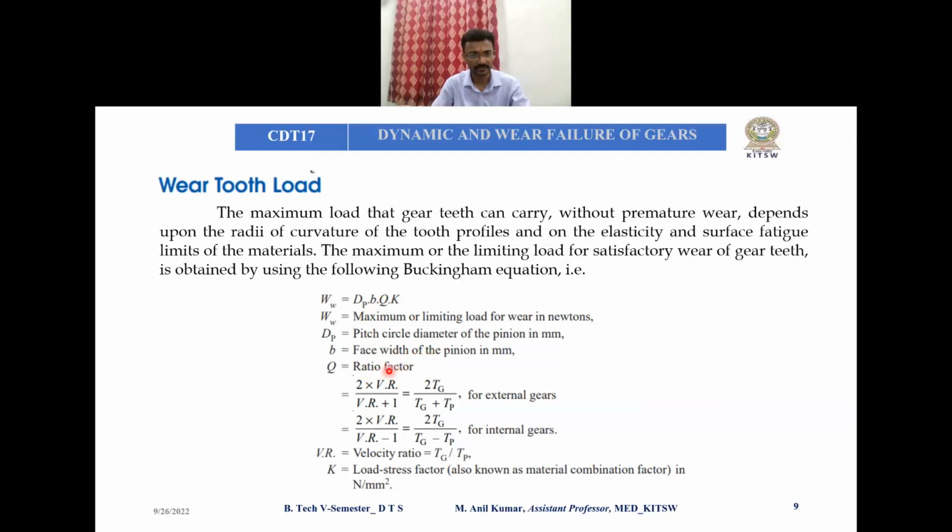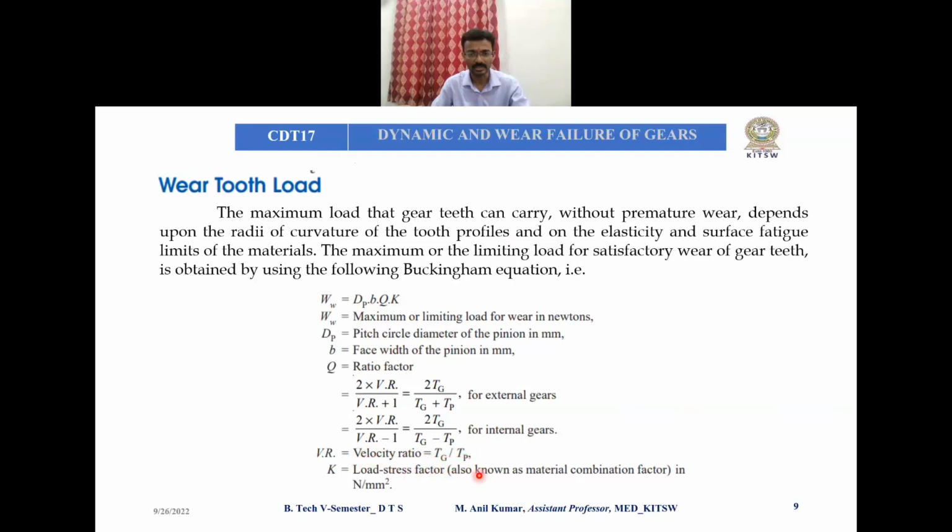Q is a ratio factor. It is 2 into VR divided by VR plus 1, that is equal to 2 into TG divided by (TG plus TP) for external gears. It is a sum for external gears and subtraction for internal gears, where VR is velocity ratio, that is TG by TP.